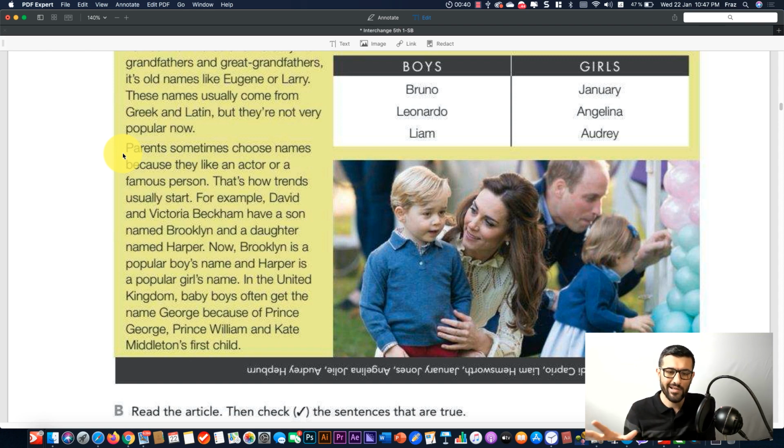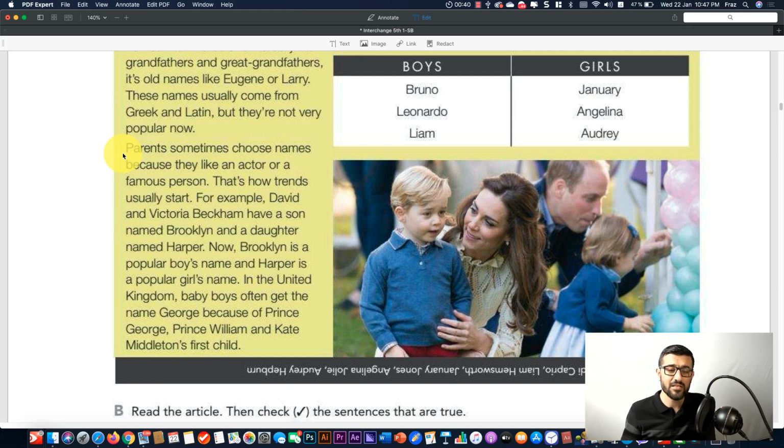Now, Brooklyn is a popular boy's name and Harper is a popular girl's name. Just because these two famous people have named their son and daughter Brooklyn and Harper, so many people have named their kids with the same names.